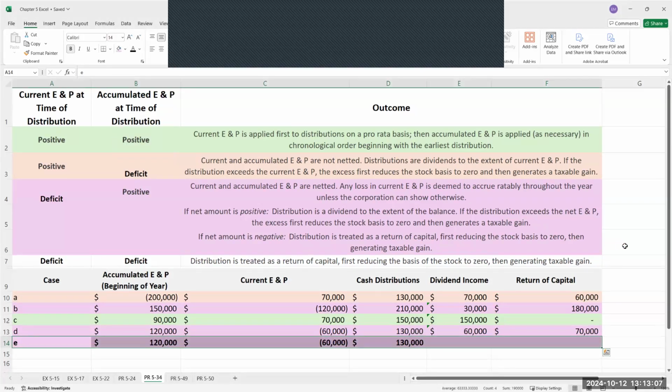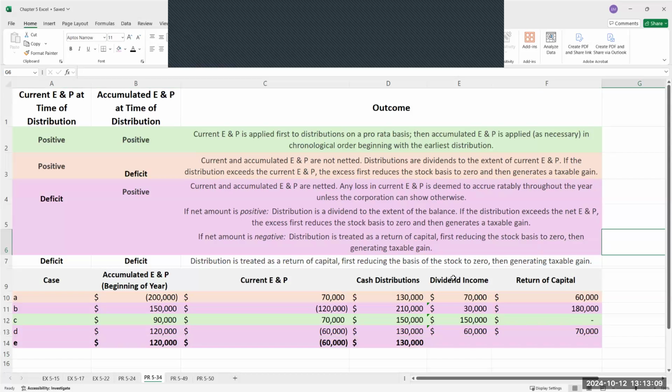So we're going to bold it, right? Because instead of it being distributed at December 31st, in such case, when the resultant current E&P is a deficit for the year, the deficit is allocated on a pro rata basis to distributions made during the year.